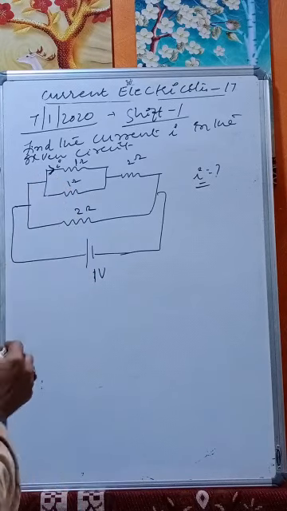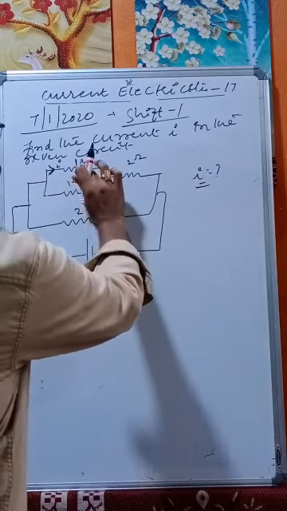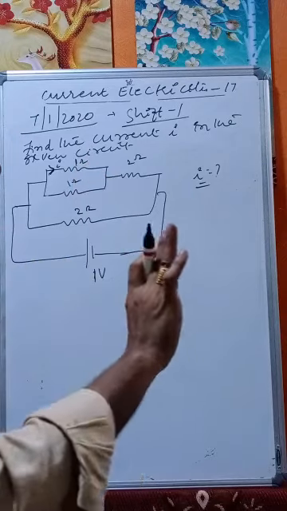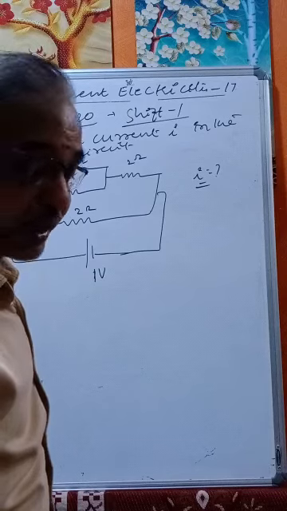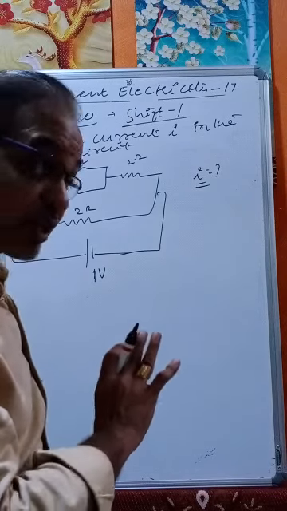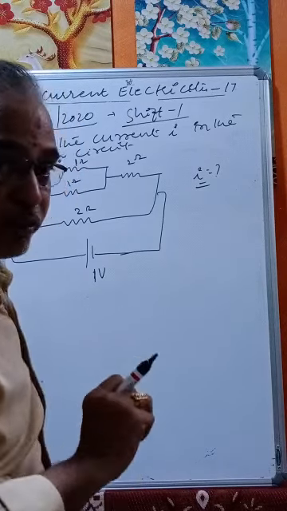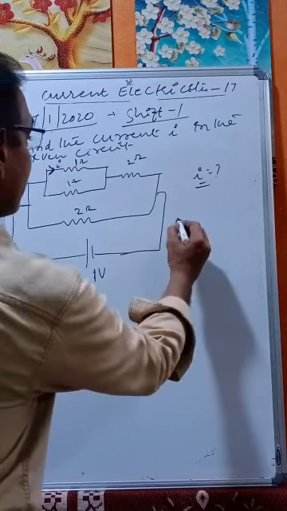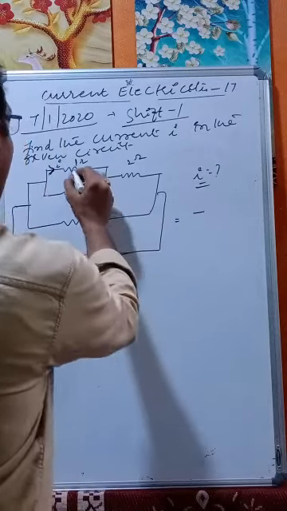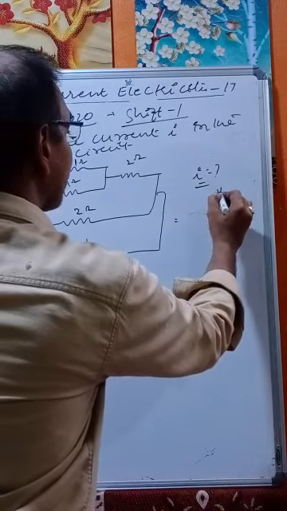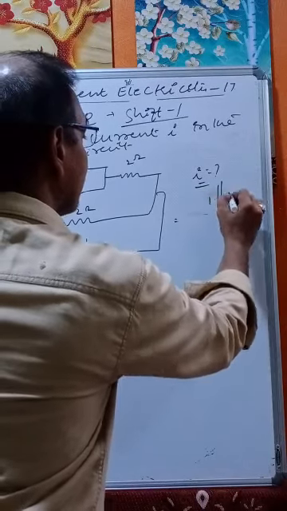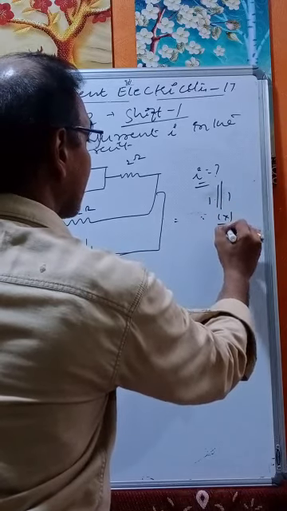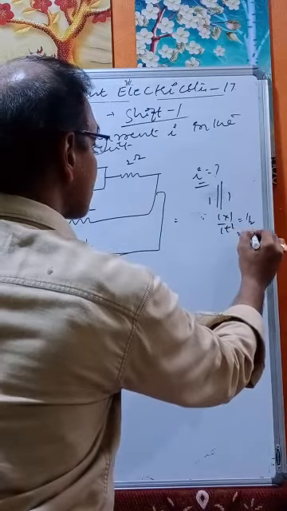Let us calculate the effective resistance and then calculate the current. First calculate the entire current by calculating the effective resistance. If you look at the circuit, this will be 1 in parallel with 1. What is 1 parallel with 1? It is 1 into 1 by 1 plus 1, 1 by 2, that is equal to 0.5.